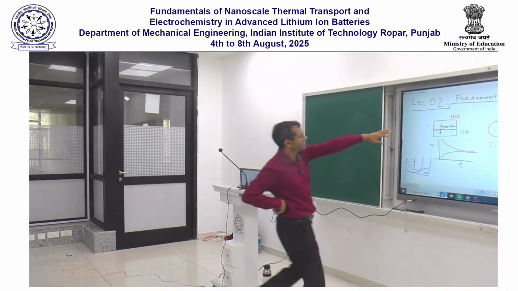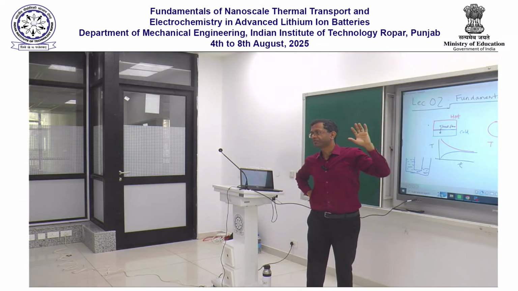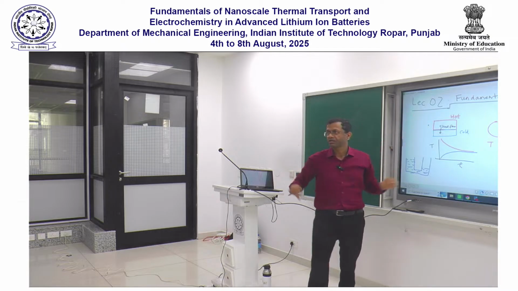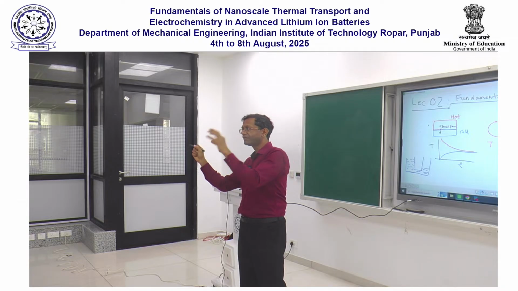The flow of heat must obey several fundamental laws of physics. If I just have a hot body and a cold body, there will not necessarily be transfer of heat from one to the other. First of all, there must be a connection between the two, right?